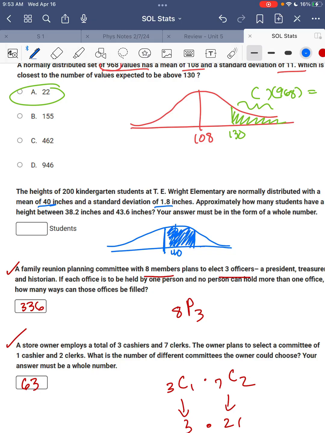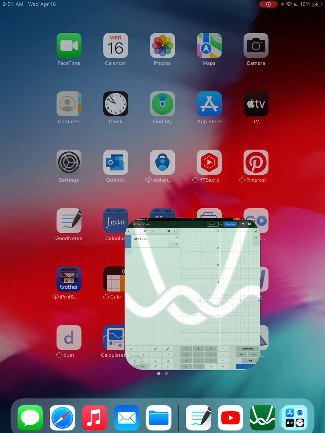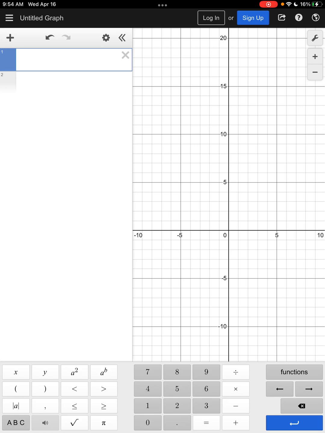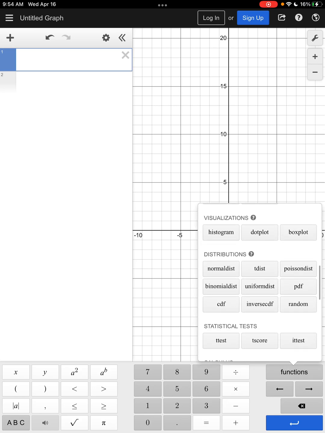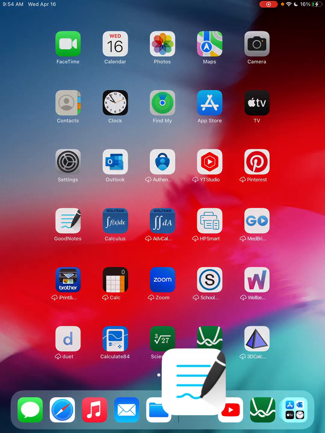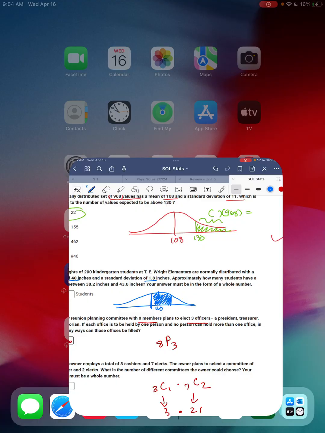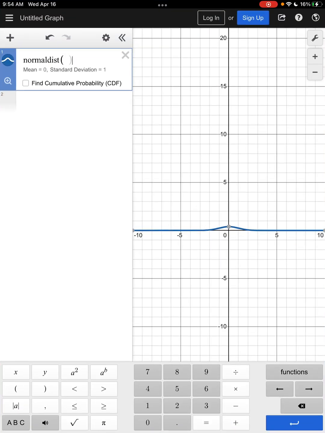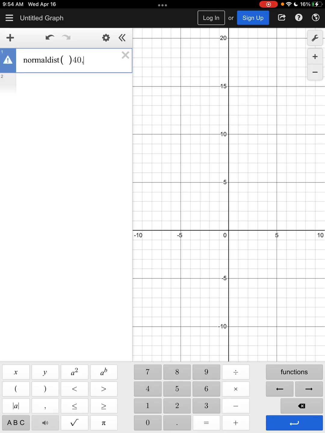So, you know, it's not like a huge amount, but all right, so we want 40 and 1.8 for our standard deviation. So functions, distributions, oh God, I already forgot. 40, comma, 1.8.